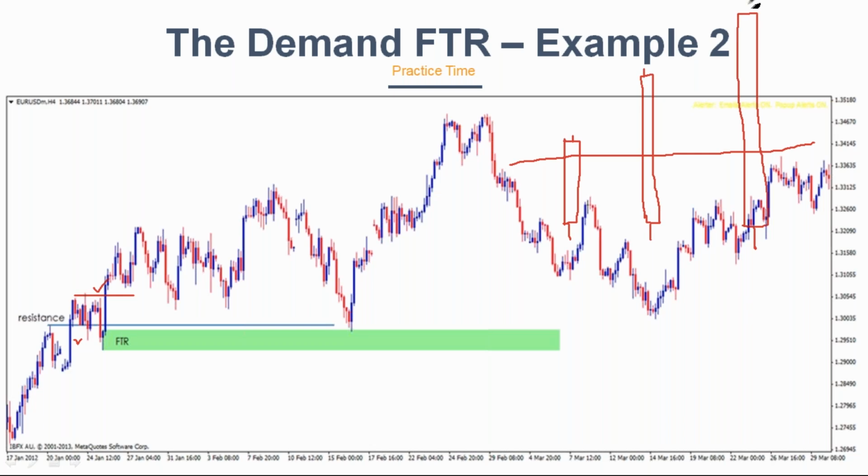Tell me which has the highest probability of success. Simple. The third candle, because that has the biggest momentum. Here, see, it closed just below this high. Instead of this, if this momentum was this much, it would have been much more powerful. Then this FTR would be much stronger. That's all.